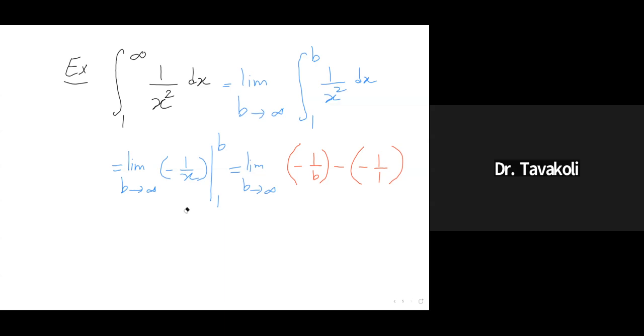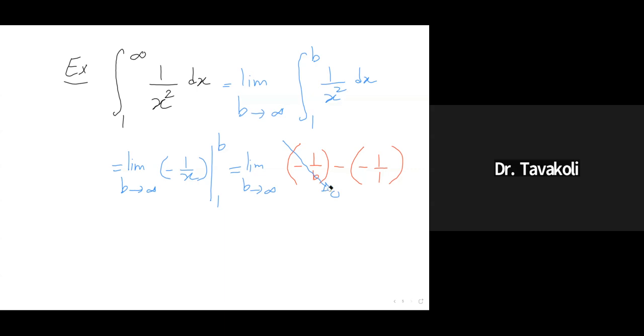Now let's let b tend to infinity. You have seen these kinds of limits in Calc 1. What is 1 over infinity? When b tends to infinity, 1 divided by infinity is what? It is 0. So the limit of this fraction is going to be equal to 0.